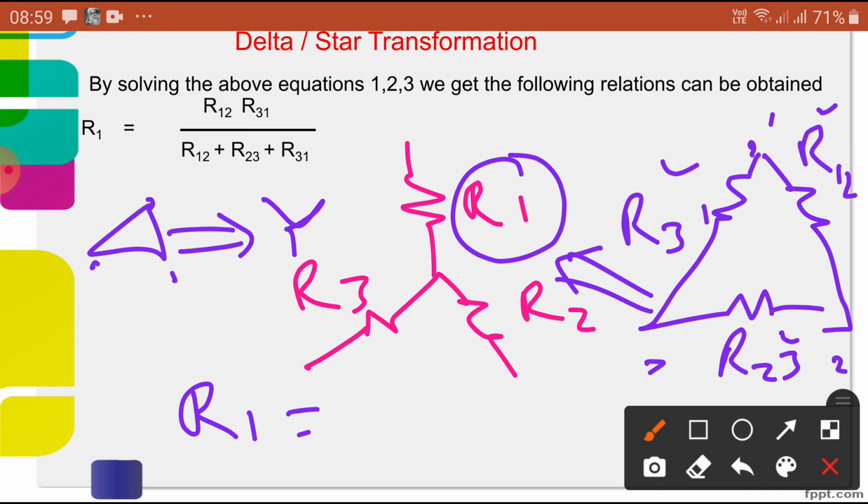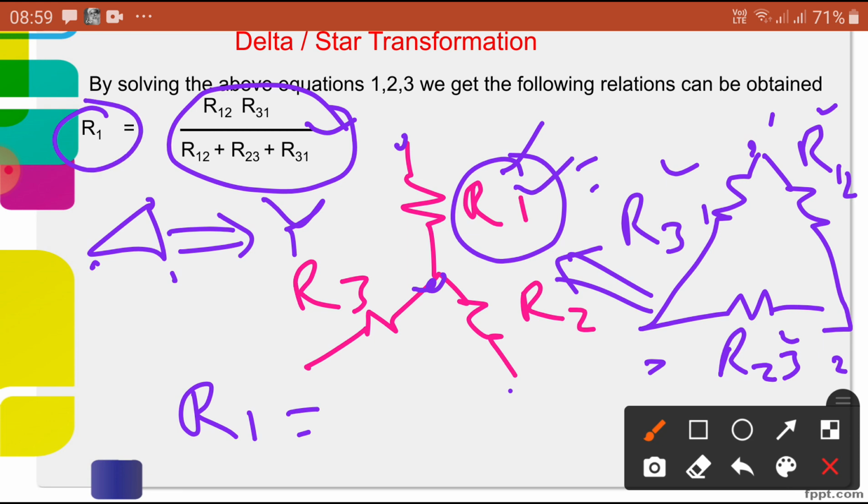Now, what is the value of R1 in terms of the given delta values? For the given delta R12, R23, R31, we have the equation. Substituting these values and manipulating, we get the resistance R1 in star.